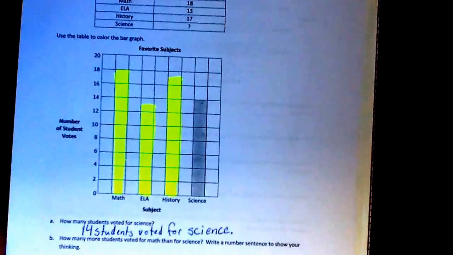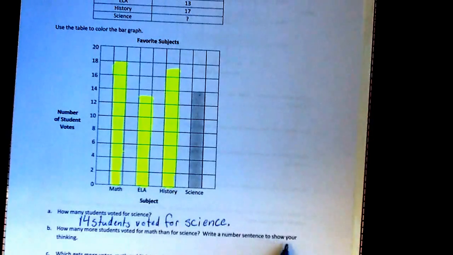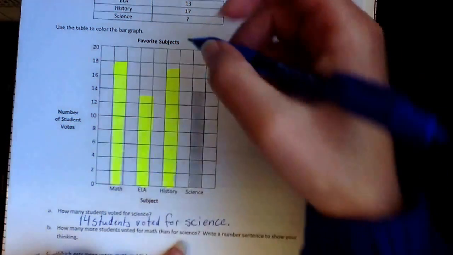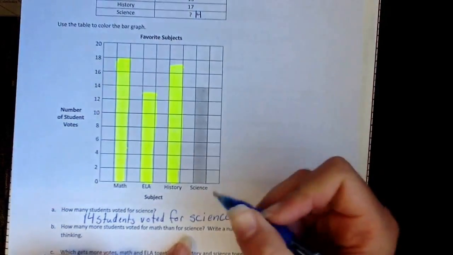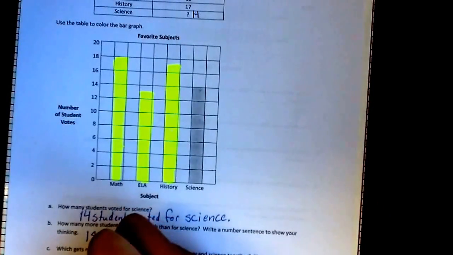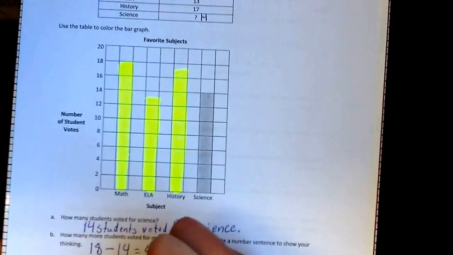The next question wants us to know how many more students voted for math than science. Write a number sentence to show your thinking. So science, we decided that there were, I'm going to put it up here, 14 students. And math was 18. So 18 is my larger number, so I need to put it first. 18 minus 14 equals 4.